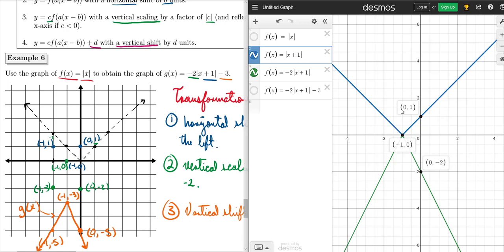Oh, whoops, I just realized that I labeled this point incorrectly. This was at negative 2. Because it was originally at negative 1 comma 1, so this one is now at negative 2 comma 1. There we go. So this one should have also been changed.